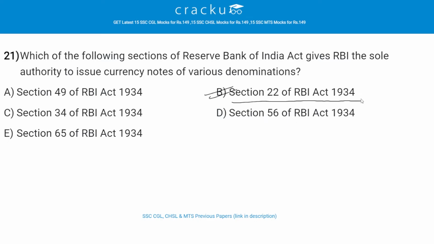Section 22 states that only RBI has the exclusive right to issue currency notes in India, Section 24 states that the maximum denomination a note can be is rupees 10,000, and Section 26 of the Act describes the legal tender character of Indian banknotes.